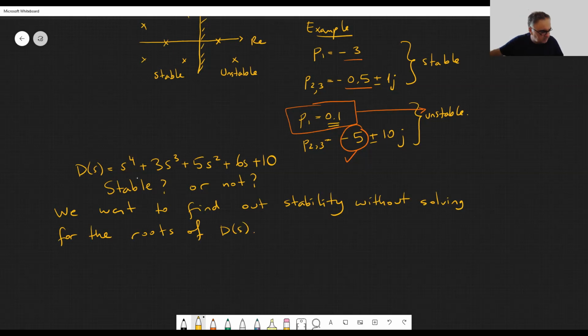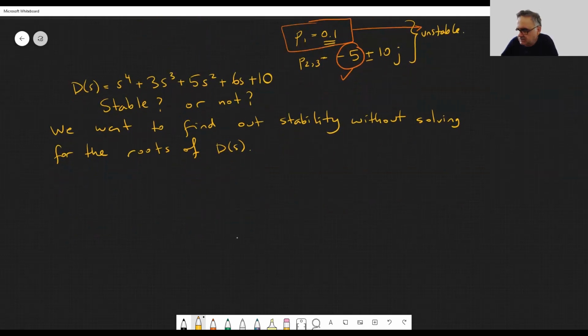Well, fortunately, there was a method that was developed in the 19th century. That was the root criterion for stability. Let me just write this down, the root criterion. Just by analyzing the coefficients of D of S, you can find the stability of a system.